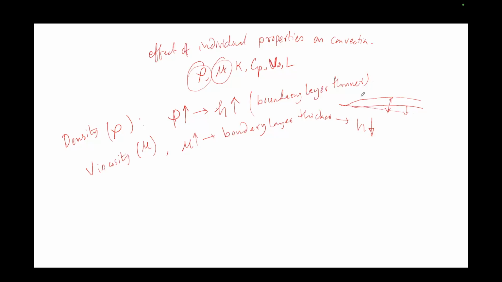Okay, so my question is, if the temperature gradient is zero, that means the heat flux will be zero, because the heat flux is proportional to the temperature gradient, right? You have studied Q proportional to.